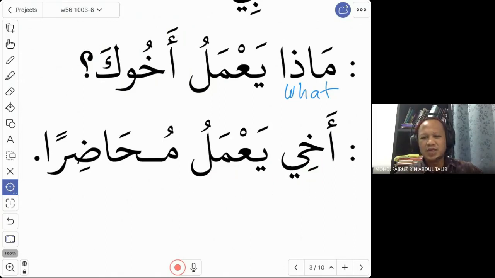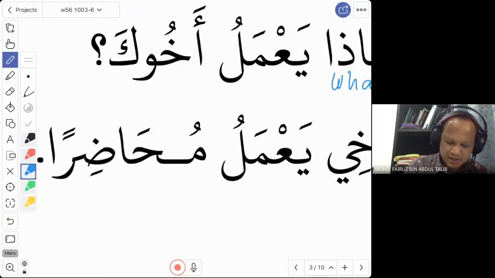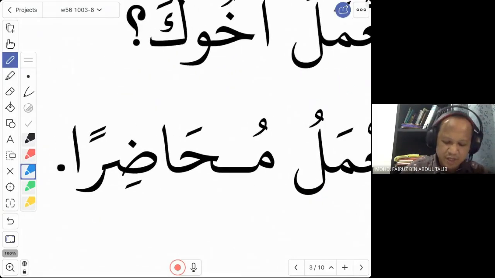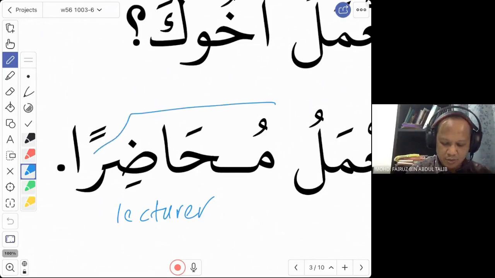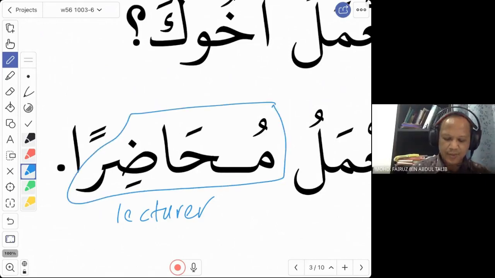Akhi works. He works as a what? This is the word. Muhadiran. Anybody remembers what this word is? Muhadir. Okay, this word means lecturer. Muhadir is a lecturer. Look at the circle that I drew around the word muhadir.